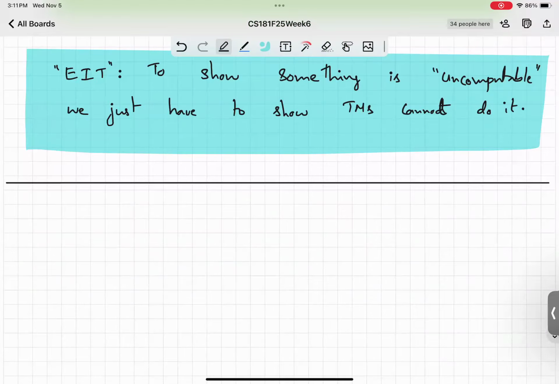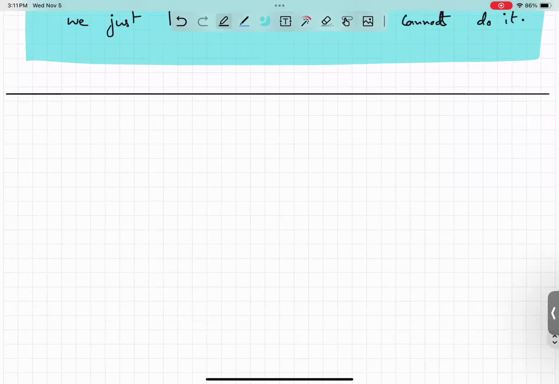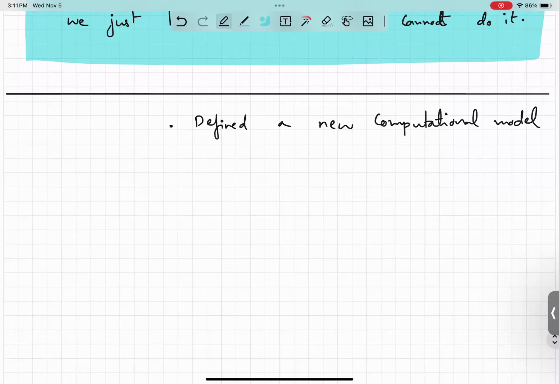Okay, so what did we do so far? For the nth time, we defined a new computational model. But we don't have to go through a series and series of models anymore.